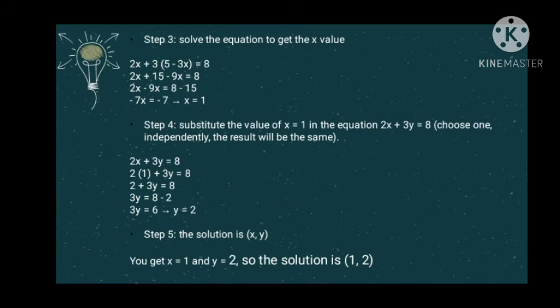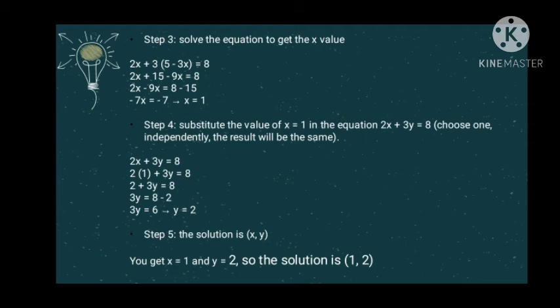Step 3: solve the equation to get the x value. 2x plus 3 times (5 minus 3x) equals 8 becomes 2x plus 15 minus 9x equals 8.